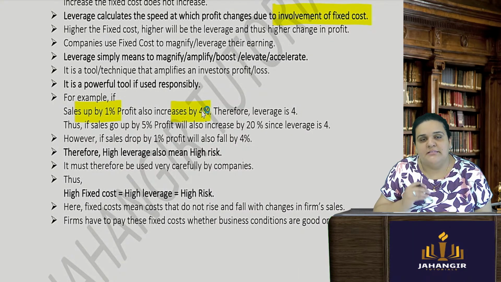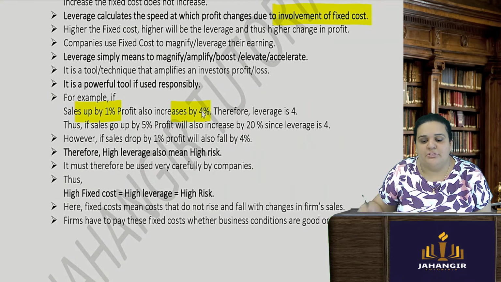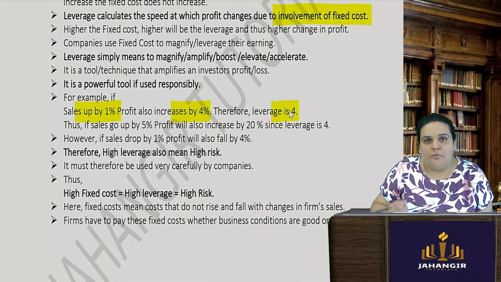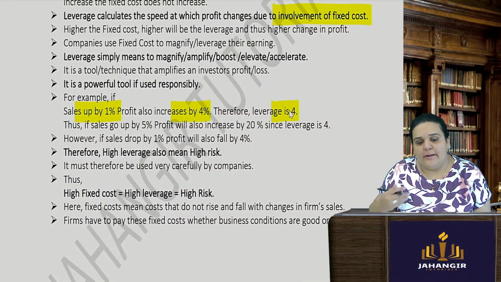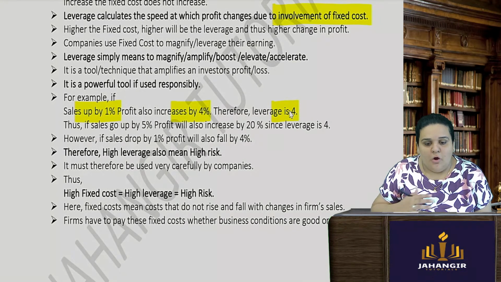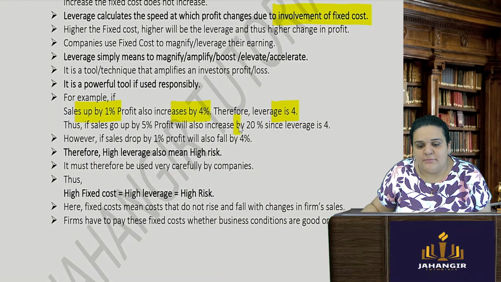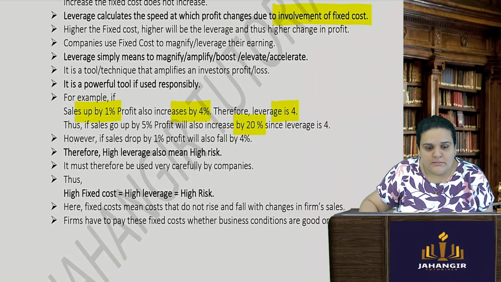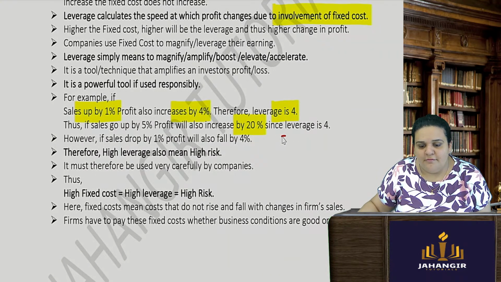So here I can simply say that my leverage is 4. So tomorrow, if my sales has gone up by 5%, obviously my profit will increase by 20%. Why? Because my leverage is 4. It is simple, 5 into 4.